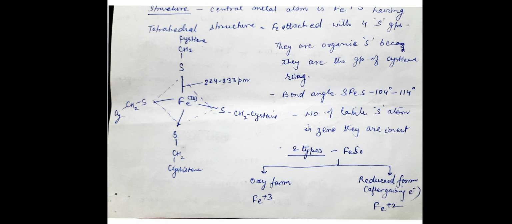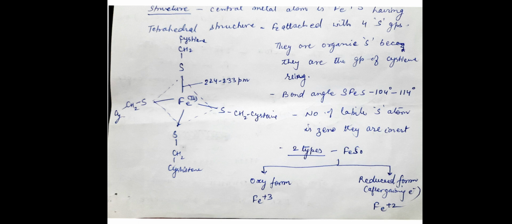These 4 sulfurs are inert. Why are they inert? Because they are part of the cysteine ring. They are organic sulfur. They are not free to react with any other type of compounds. These are totally inactive. We can say inactive sulfurs. So they are called S0 in the general formula.